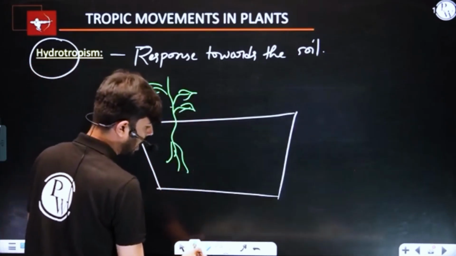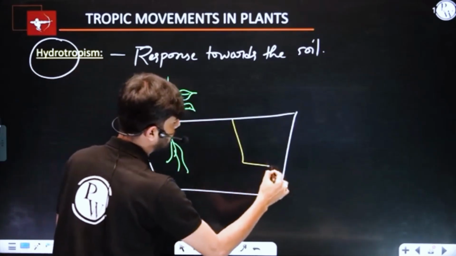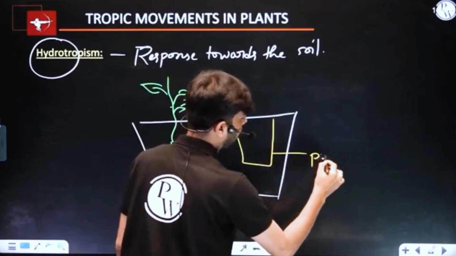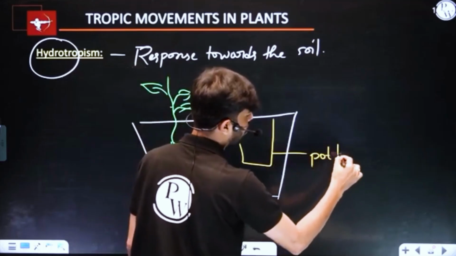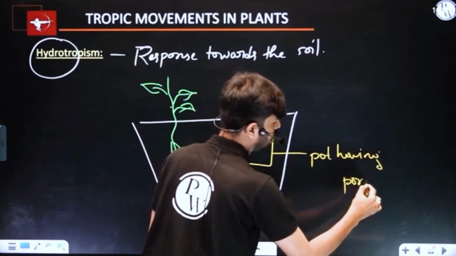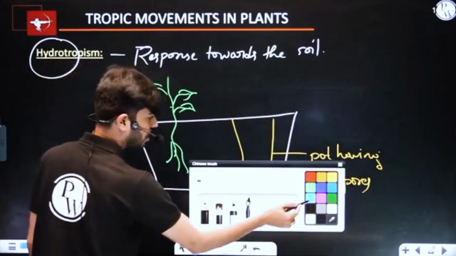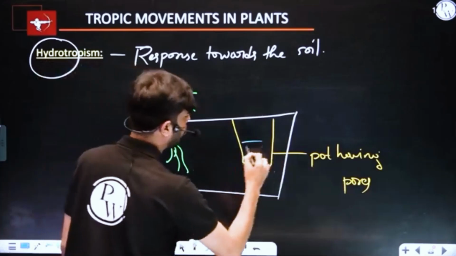And in another part of this particular glass container, there is a pot having pores. ಇದರಲ್ಲಿ pores ಇರೋ pot ಇದೆ ಇವಾಗ. We have filled this particular pot with water.